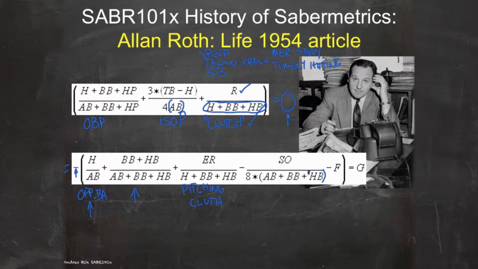Strikeouts divided by plate appearances, essentially. Finally, this term here, F, has to do with fielding. And for completeness sake, Roth and Ricky put fielding in here. Sort of good fielding would be the bonus here because it's another minus sign.